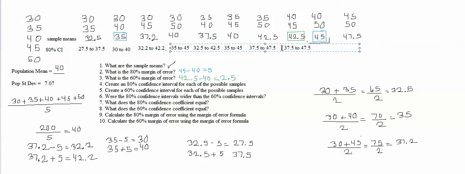This one will be 40 to 50, and this last one will be 42.5 to 52.5. So that finishes question number 4.